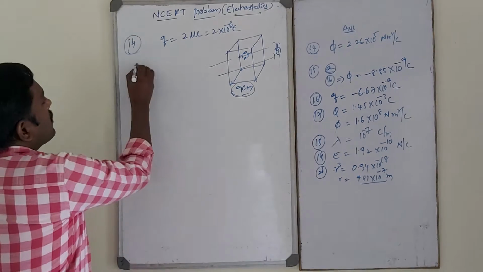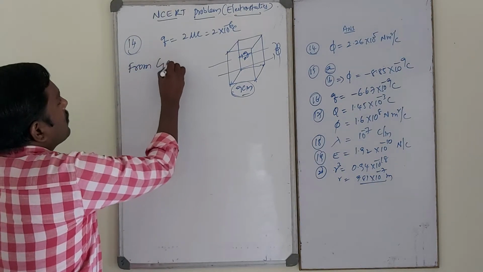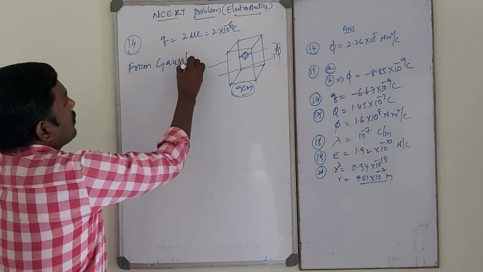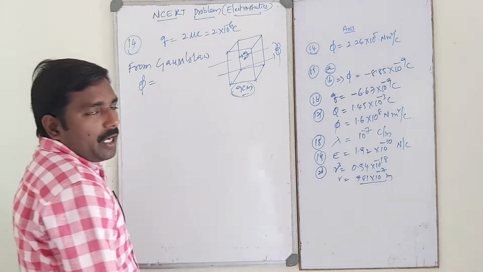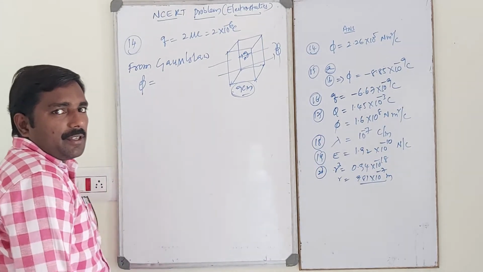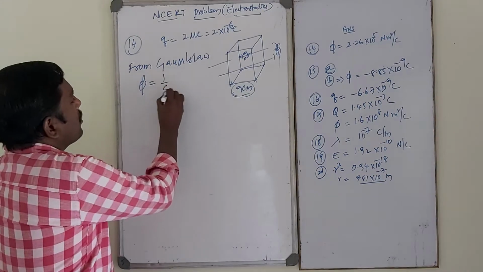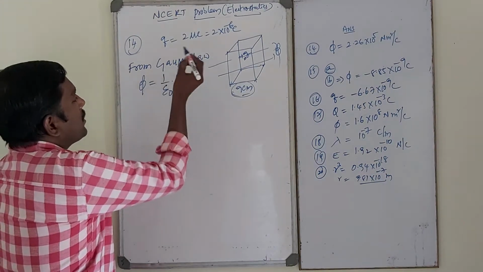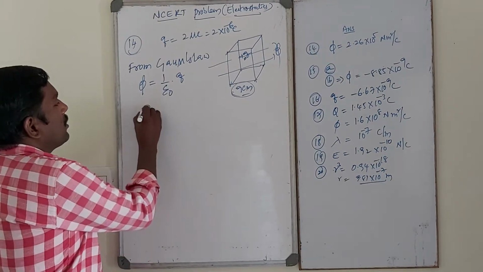So using Gauss law, electric flux in any closed surface in air or vacuum is equal to 1 by epsilon naught times the total charge enclosed by the surface. So phi is equal to q by epsilon naught.